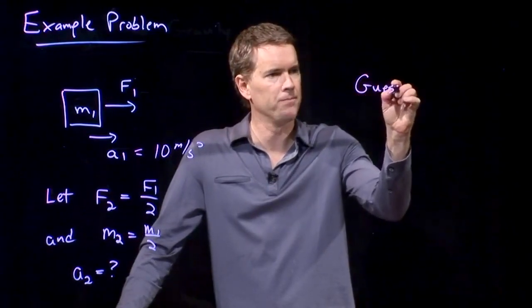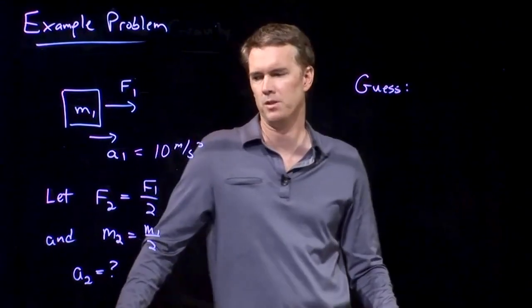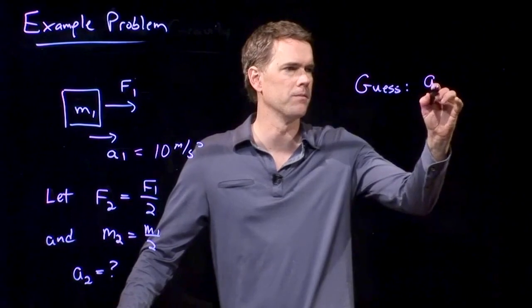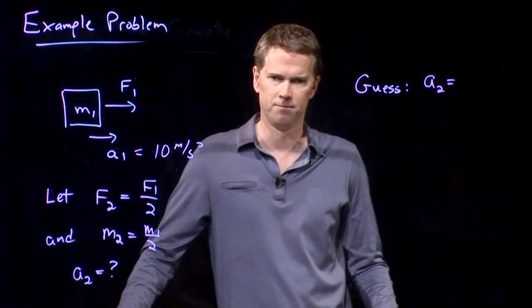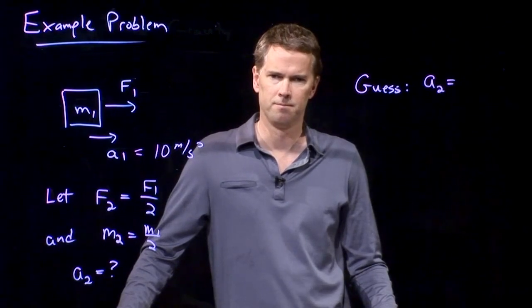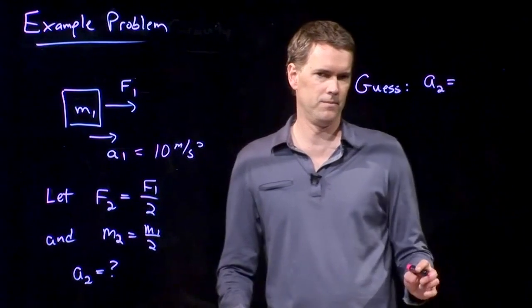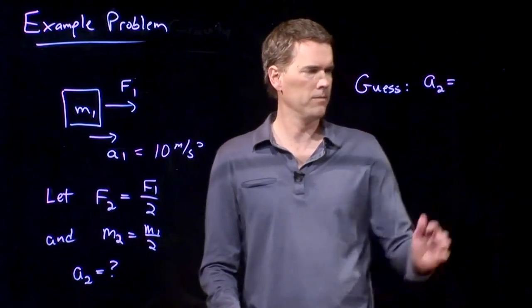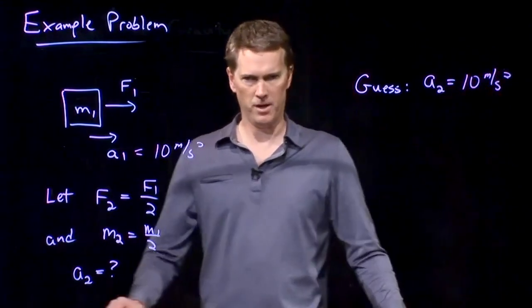What's going to happen if I cut both of those down? What's going to be our new acceleration? Just by looking at it without any math, I would say the acceleration stays the same because if it's exactly half, then it doesn't really alter. Okay, so our guess is 10 meters per second squared.